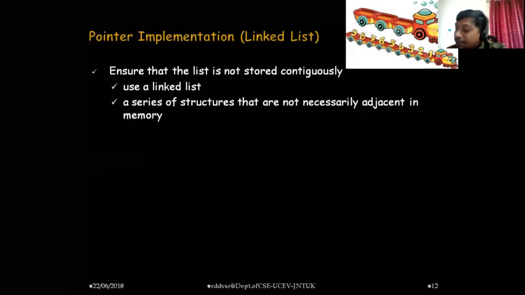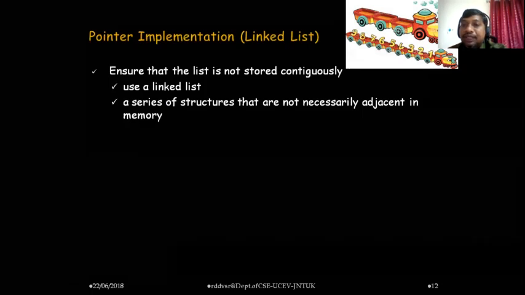If a particular element is no longer needed, then we can free that memory location. These elements are stored in non-contiguous fashion. Logically they are in the same list, but they are not physically contiguous.